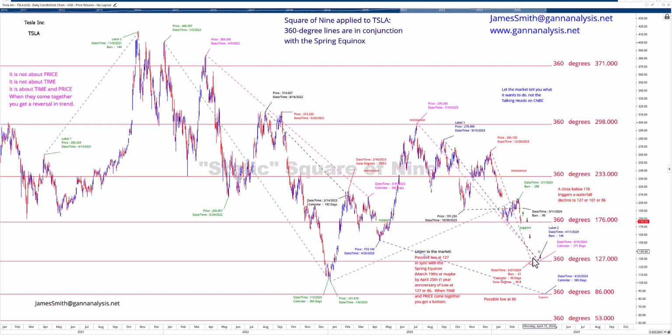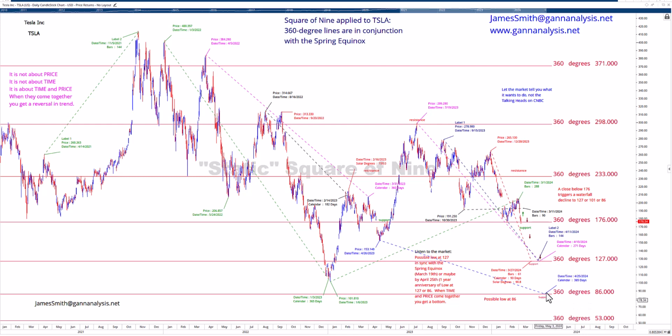So it could bounce, it could find support on the 19th down here. It could be on the 27th in sync with the 90 calendar day count. It might even be all the way here, April 11th, in sync with a 144 trading day count, or maybe April 14th, 270 calendar days, or the 15th would be a Monday, so that would be 271 right in there.